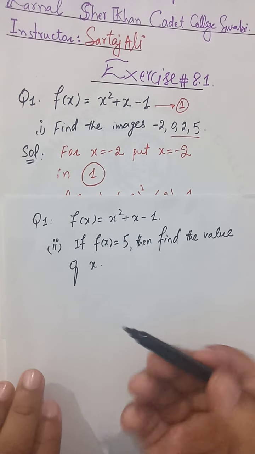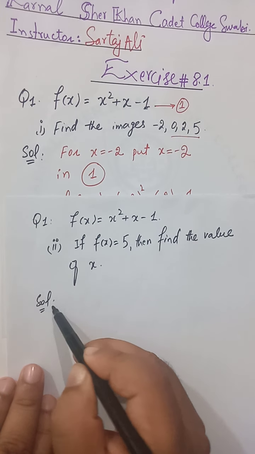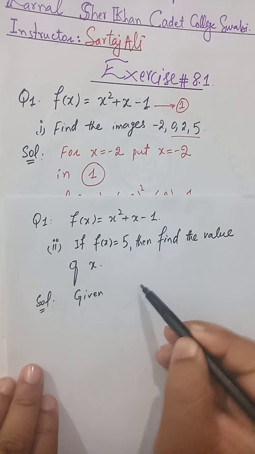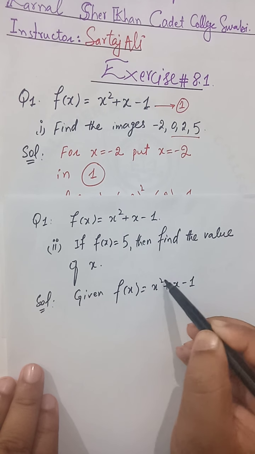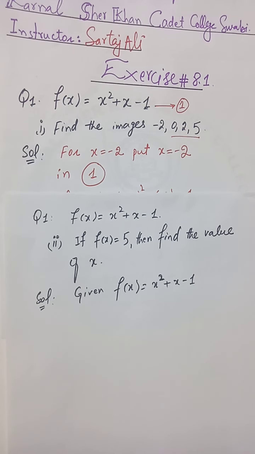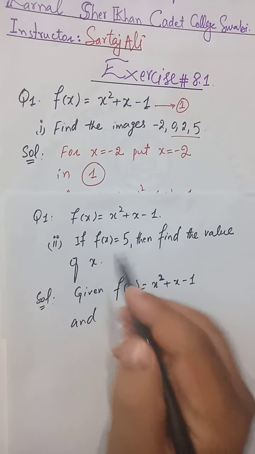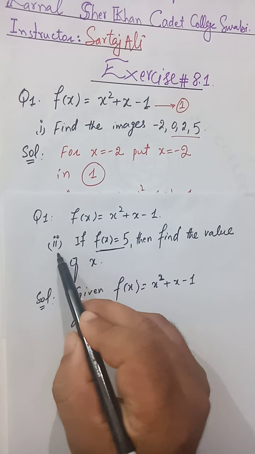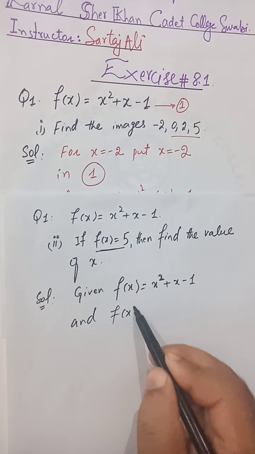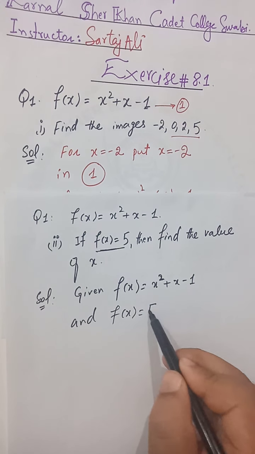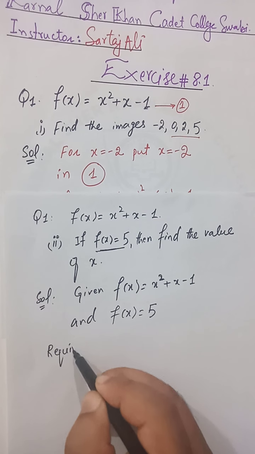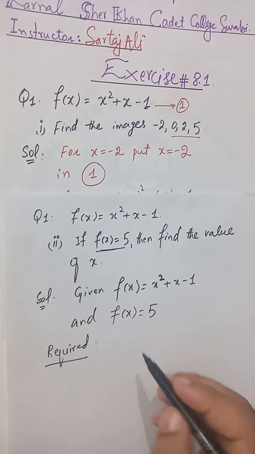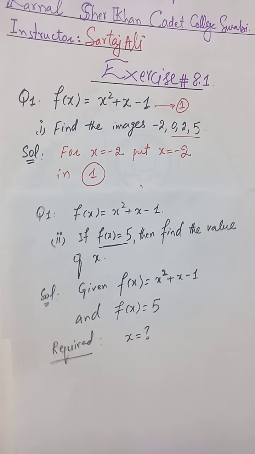In the solution, the given function is f of x is equal to x square plus x minus 1. This is your given, and this is the condition given in part 2, that f of x is equal to 5. The requirement of this question is to calculate the value of x.